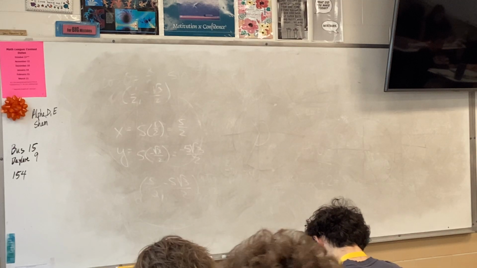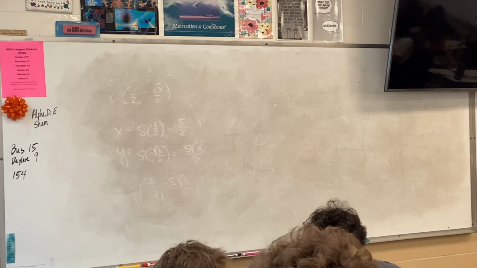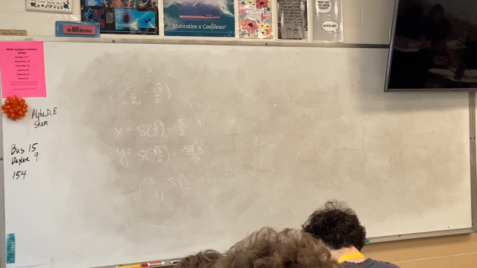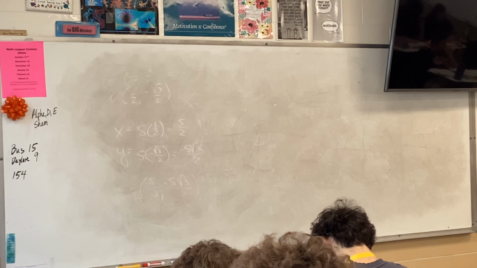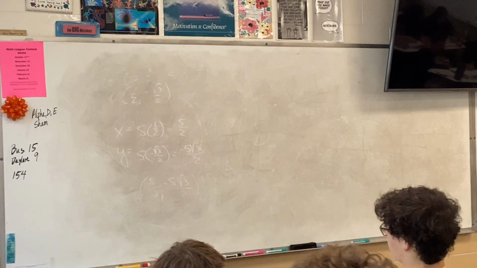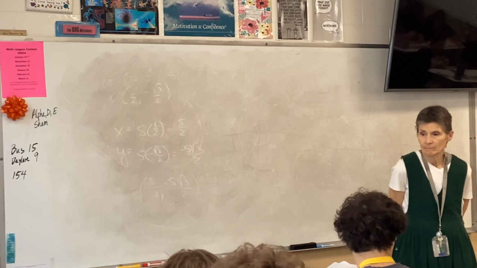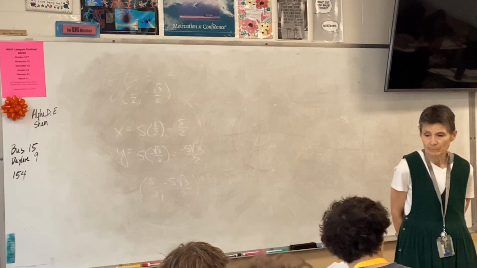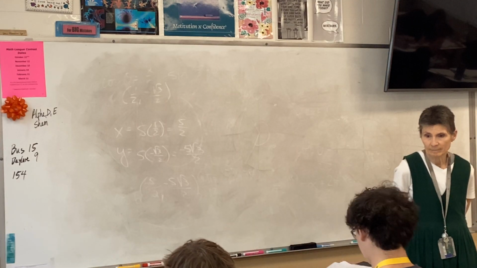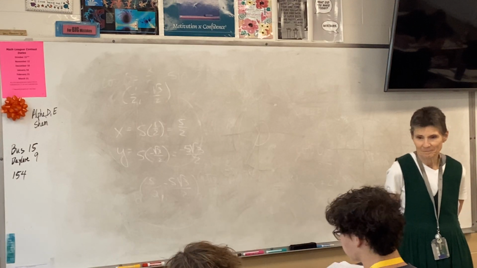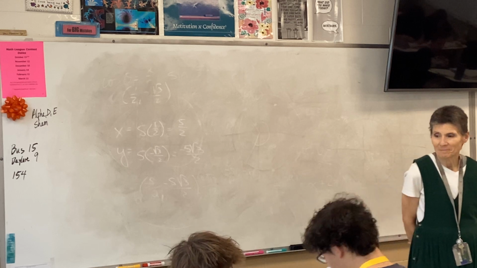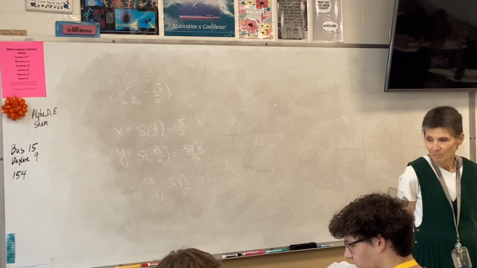That's 0 over 1. Yeah, 0 over negative 1. The coordinates would be negative 1, 0. Tan pi, it's negative 1, pi, 0, and it's y over x. 0 over negative 1.